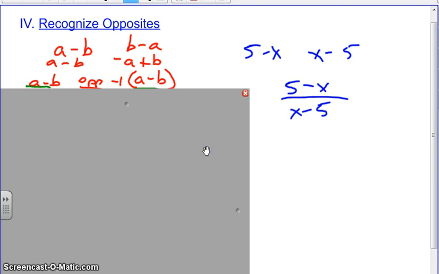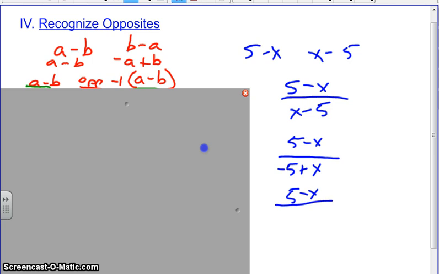We can do the same thing we just did on the left with a and b. I could leave the top alone, but the denominator, I'm going to move the 5 to be in the same location as in the numerator. When I move it, though, I have to take the sign with it, right? So these are still opposites over each other. Now, if I take the denominator and I factor out the negative 1, right?